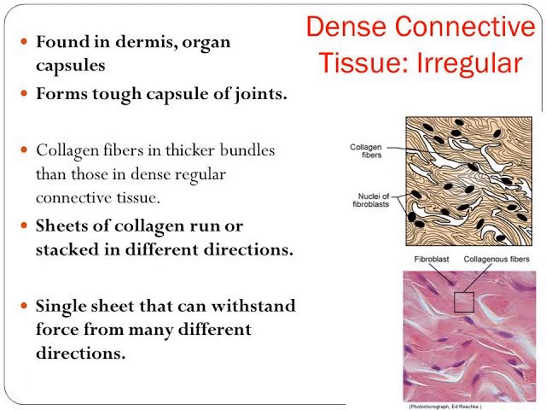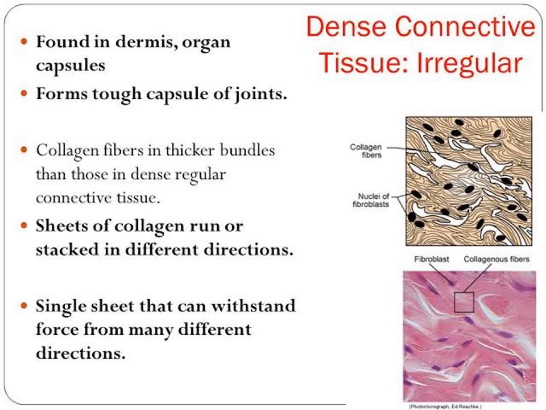Dense irregular connective tissue. This is found in dermis, organ capsules. They form tough capsules of joints, and the collagen fibers are thicker than those in dense regular connective tissue, and sheets of collagen run stacked in different directions. This is important for the dark letters. The sheets of collagen run stacked in different directions.